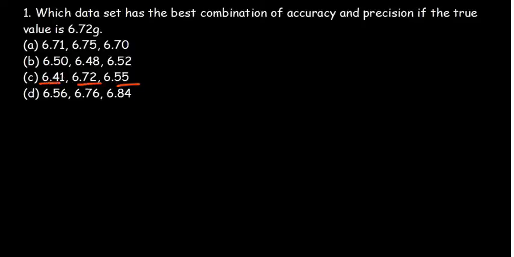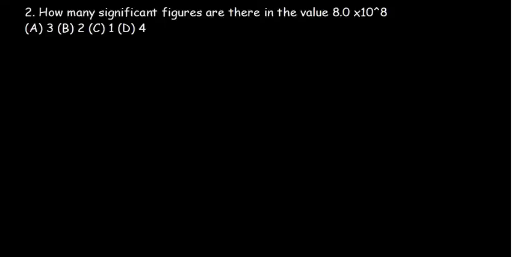One of them is accurate because it's actually exact. Then D, I can say that is accurate, but the values are not closer to each other. So these other two values are not accurate. So the first one qualifies to have the combination of the best accuracy and precision.